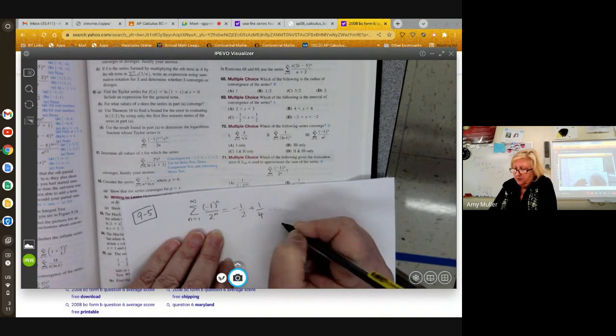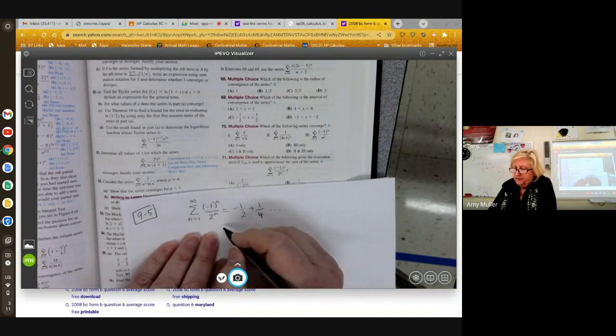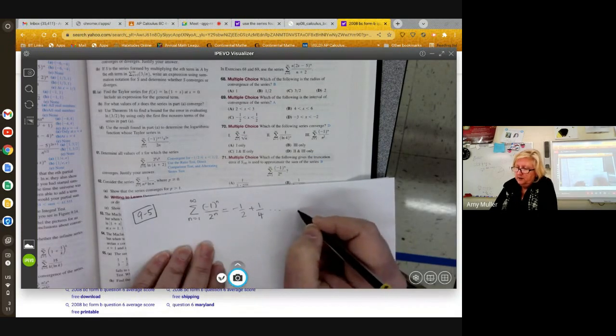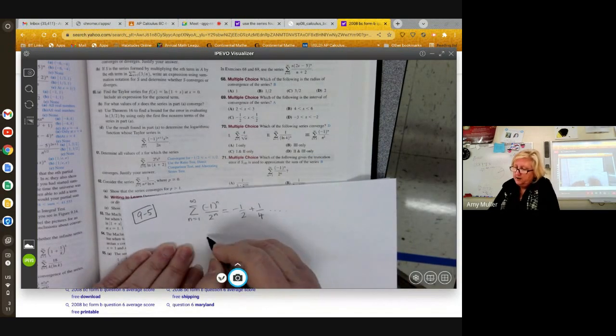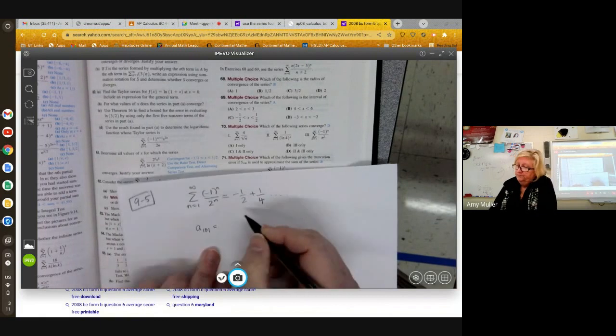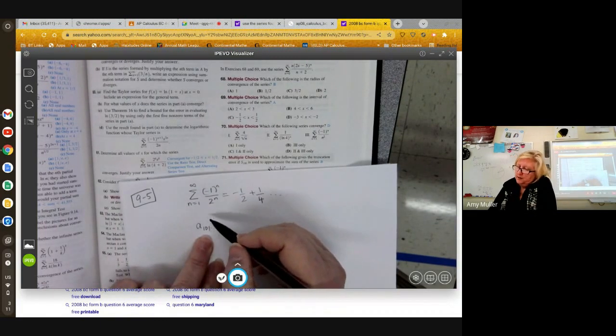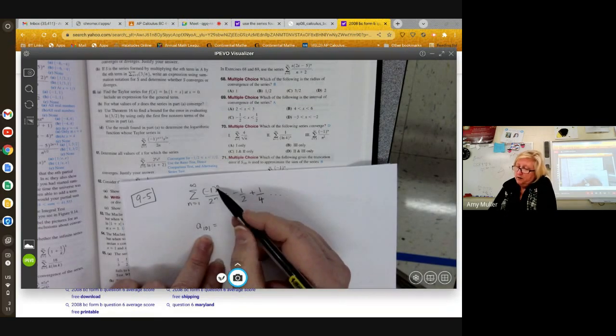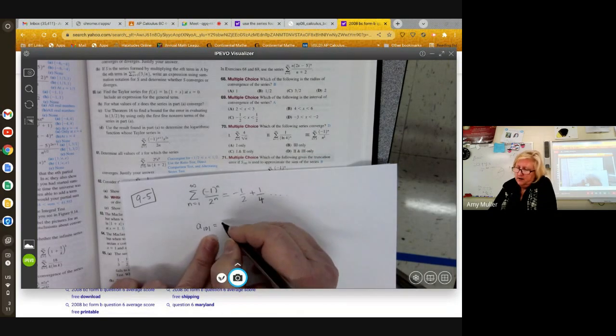And if I want 100 terms, the first one I throw away is going to be the 101st, right? So what is a sub 101? Well, I'm going to plug in 101, right? So this would be -1 to the 101st, which is a negative number, because it's odd.